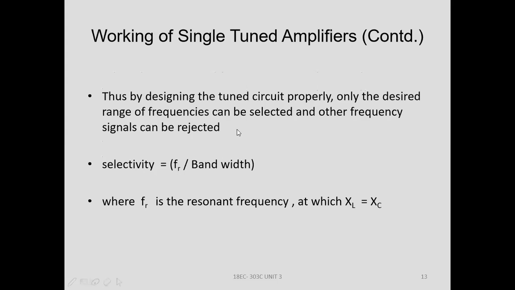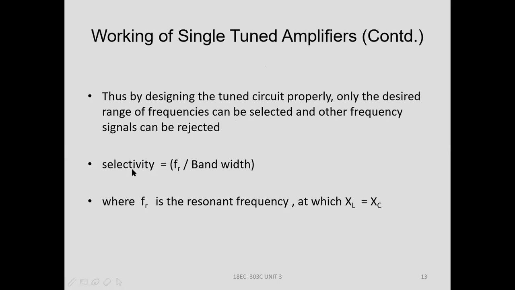By designing this tuned circuit properly, the desired range of frequencies can be selected and other signals can be rejected. The tuned amplifier circuit selects only the required frequency. The remaining signals are rejected. Here, what is selectivity?